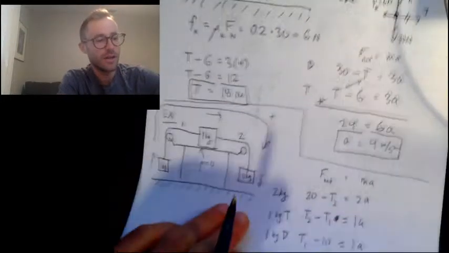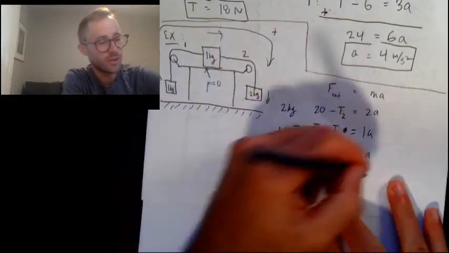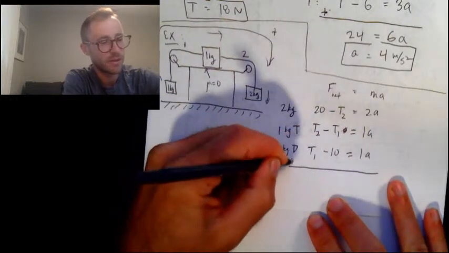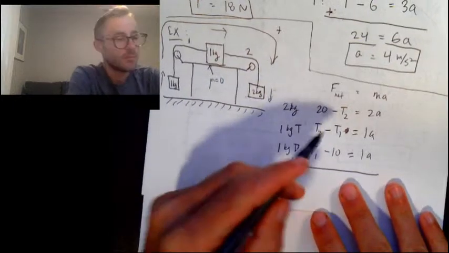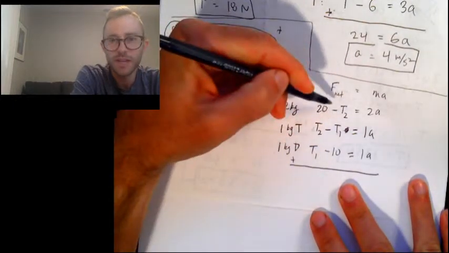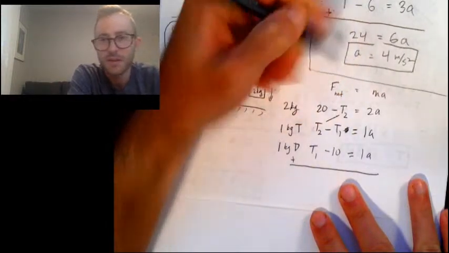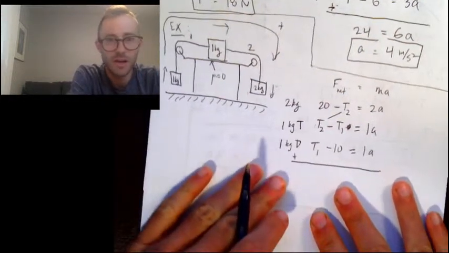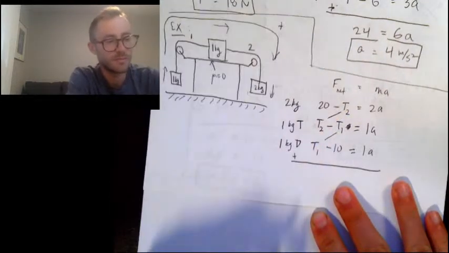So now I add all 3 equations together, and the math works out exactly the same because here we have negative T2 and plus T2, so those cancel. And here we have negative T1 and plus T1, so those cancel.